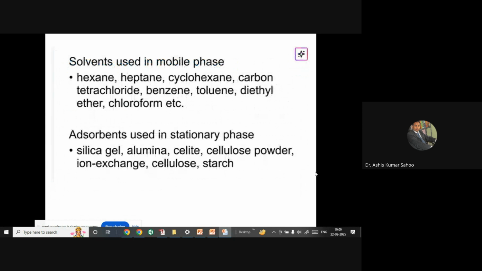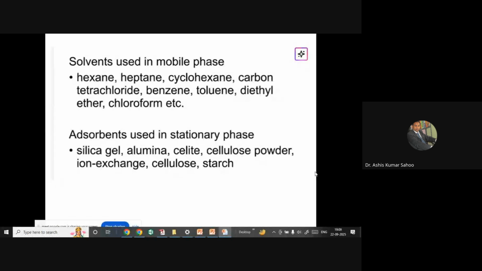What are the solvents we can use in the mobile phase of HPLC? Hexane, heptane, cyclohexane, CCl4 (carbon tetrachloride), benzene, toluene, diethyl ether, chloroform.